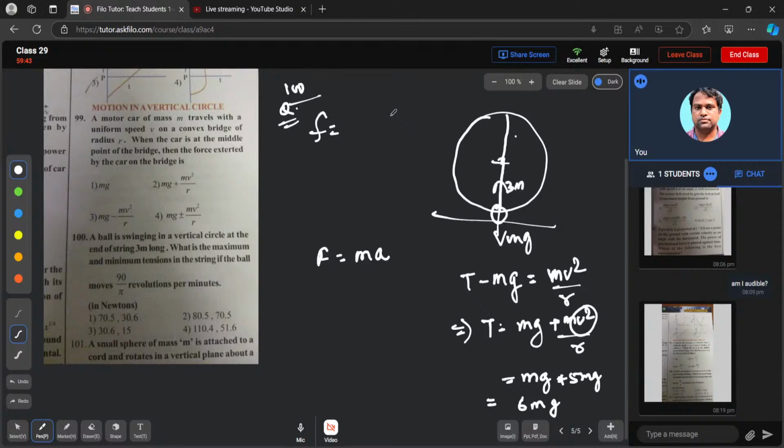90 by pi revolution means that is frequency. So per minute 90 by pi it's revolving, so that means 90 by pi is revolution per minute, RPM.